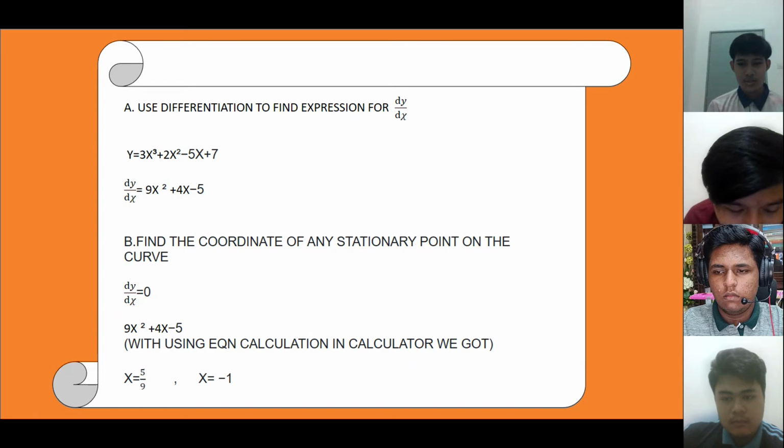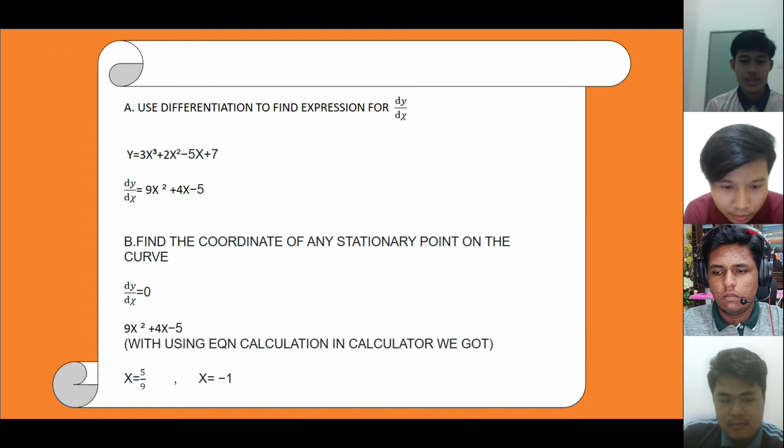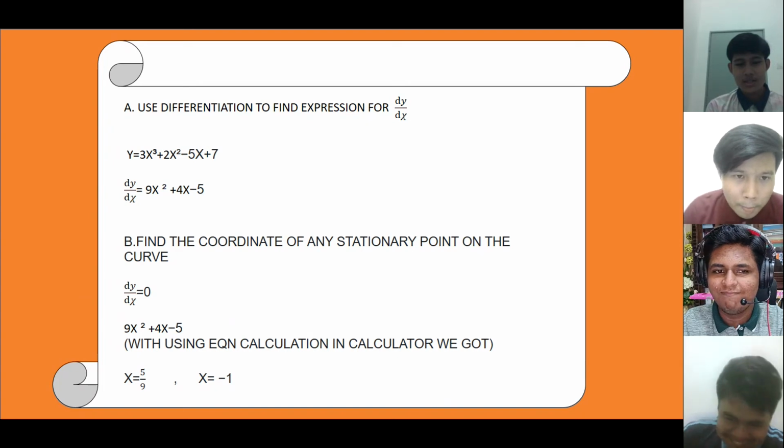Using the EQN calculation in the calculator for the equation 9x squared plus 4x minus 5, we got x equals 5 over 9, and the second x we get negative 1.